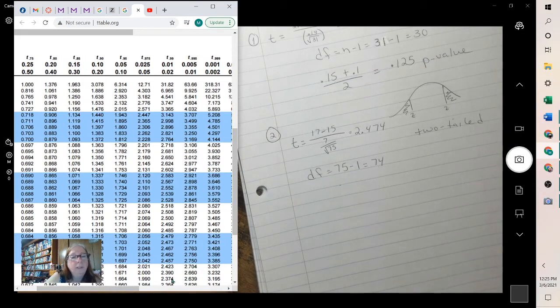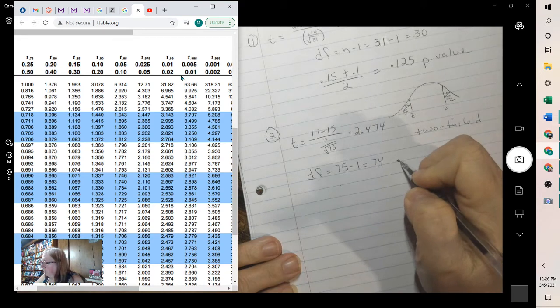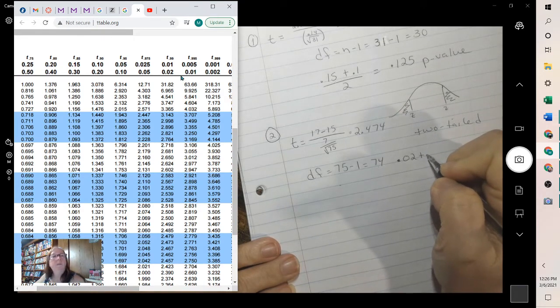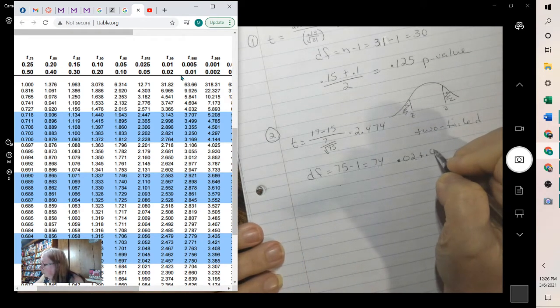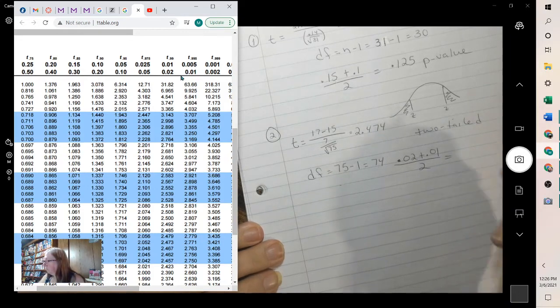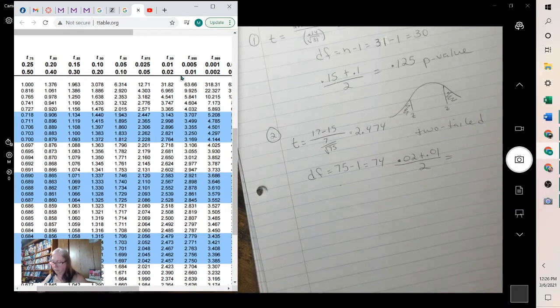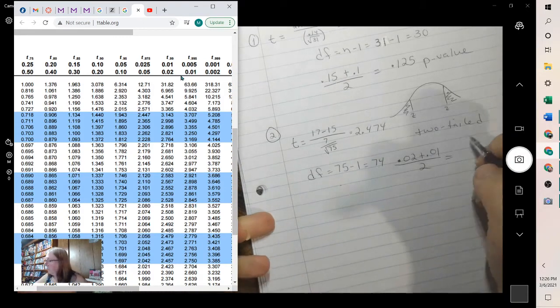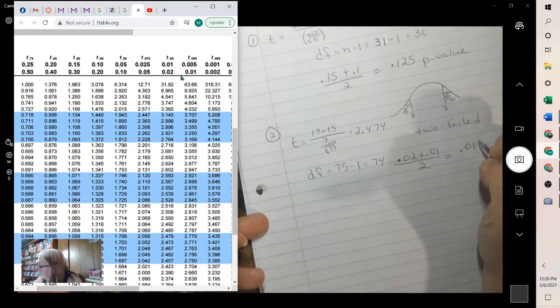Be between these two. So then we go up, and it's the two-tail, so it's the bottom one. 0.02 plus 0.01 divided by 2. 0.015.